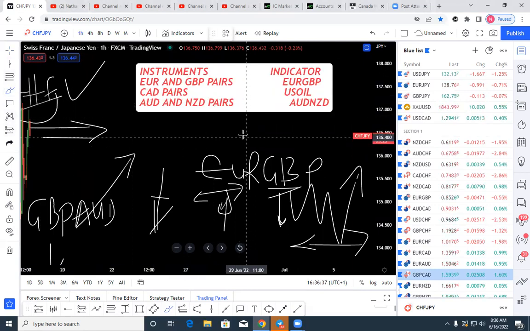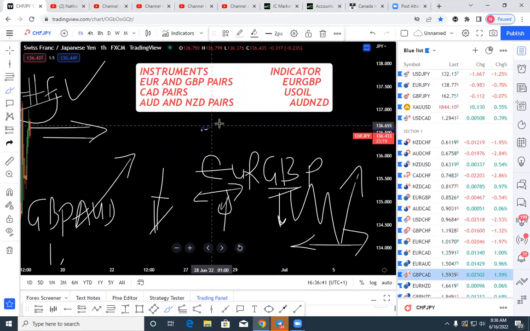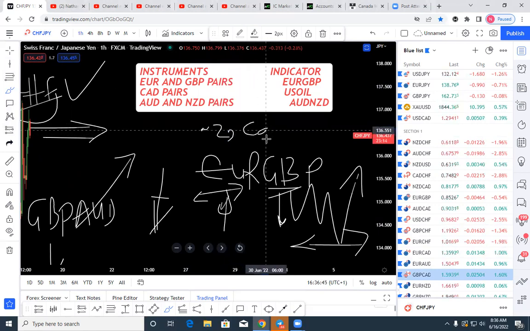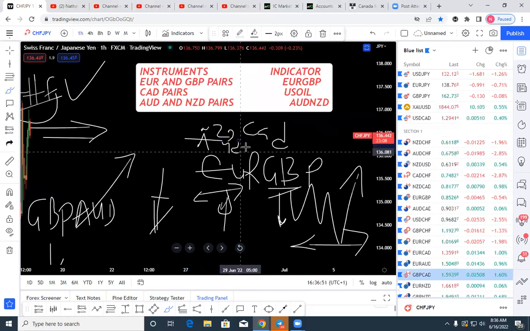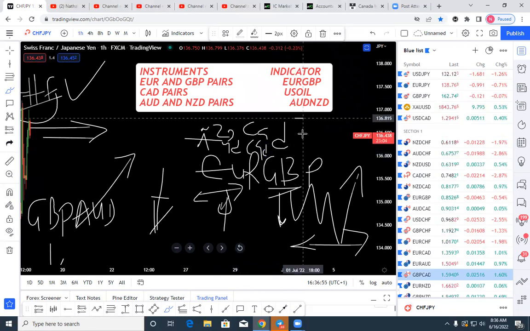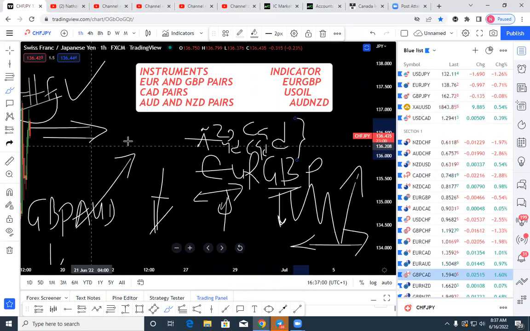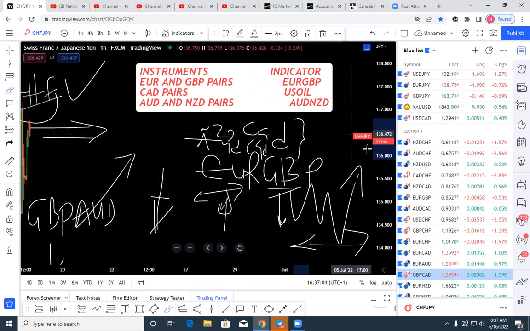If I am to take between NZD CAD and AUD CAD, I know both of them have CAD, but if both of them have a buy setup, what determines the one I'm going to choose is AUD NZD.